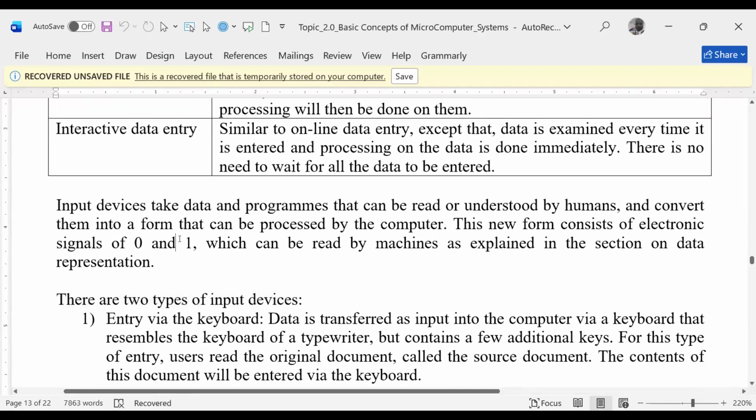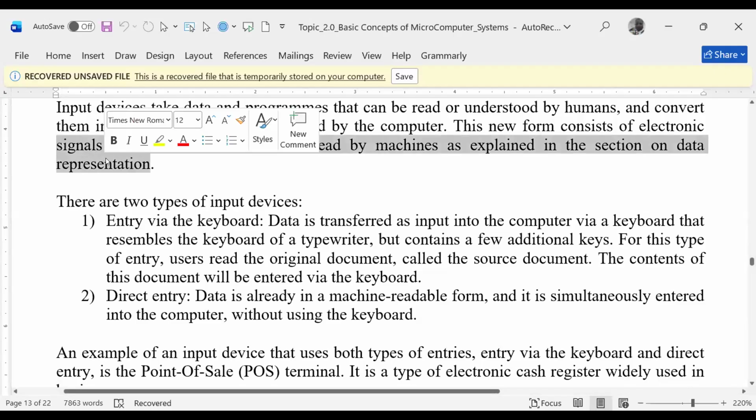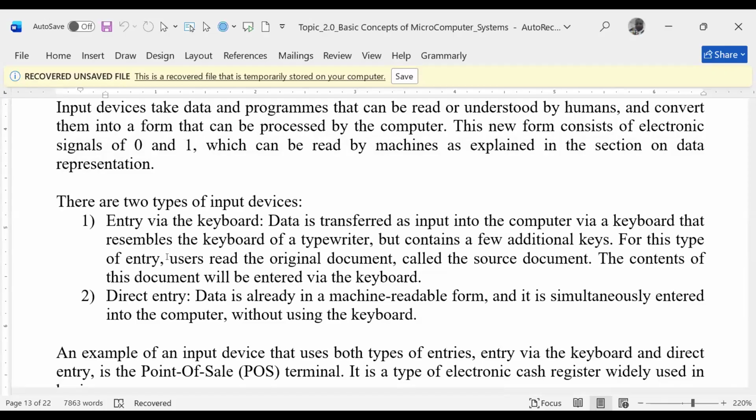When you enter something from the keyboard, it appears in the form of a signal, goes into the computer system, then is converted into readable form before the system will accept. So when we enter something from the keyboard, we call it indirect. Data transfers into the computer via the keyboard, and here it is converted into readable form before the system can understand it.